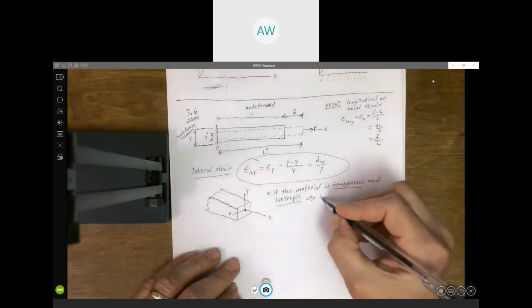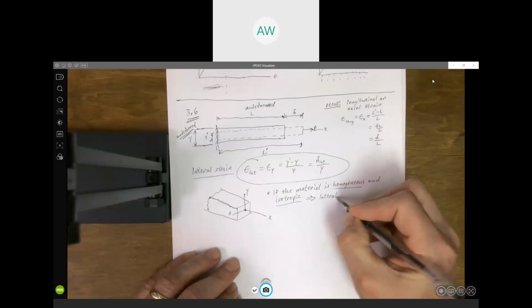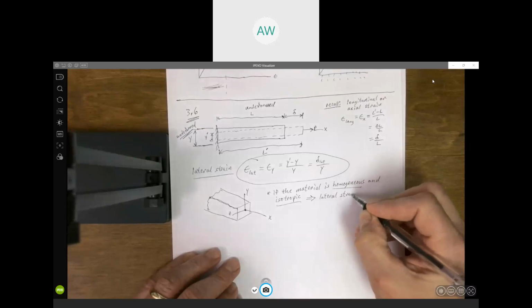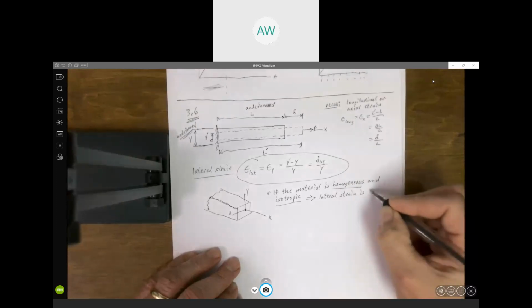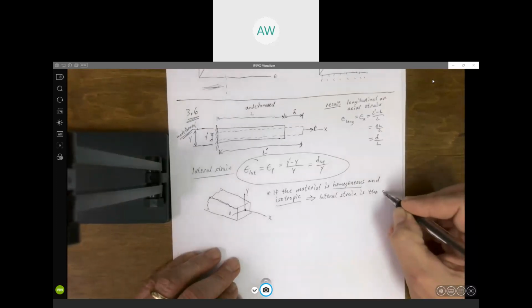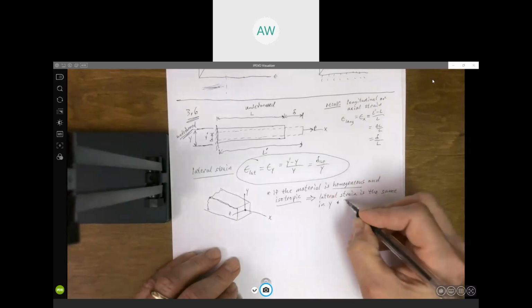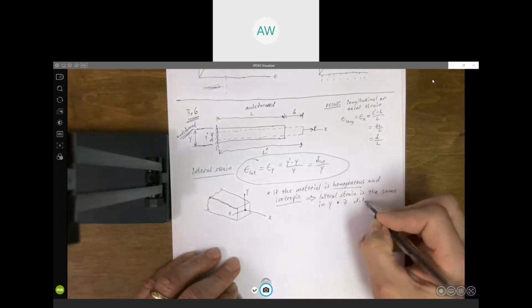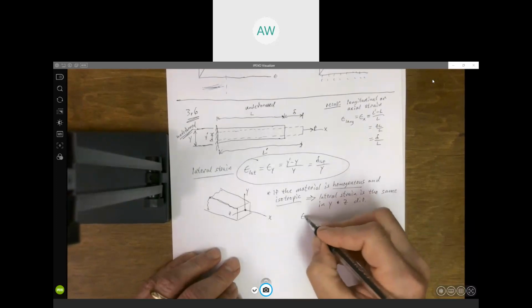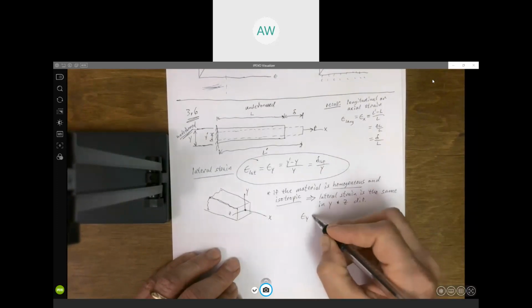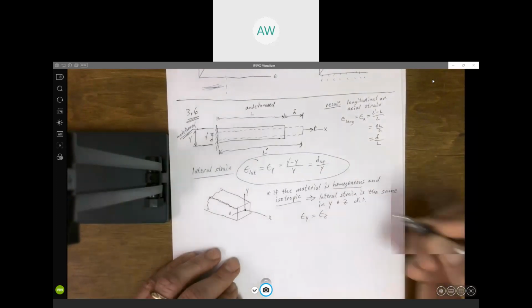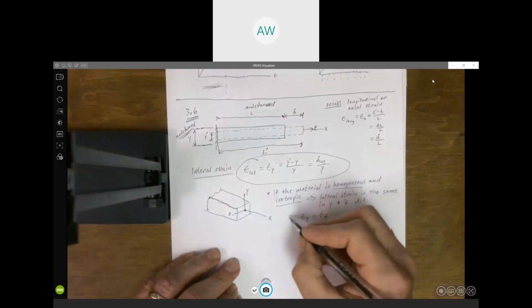So the lateral strain is the same in the Y and the Z directions. In other words, the lateral strain in Y is the same as the lateral strain in Z.